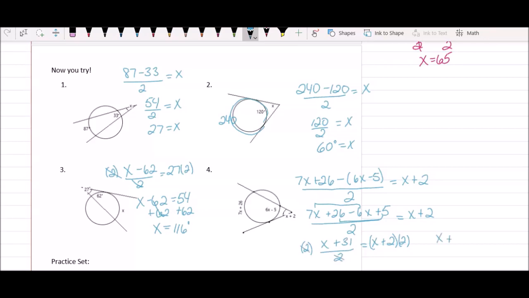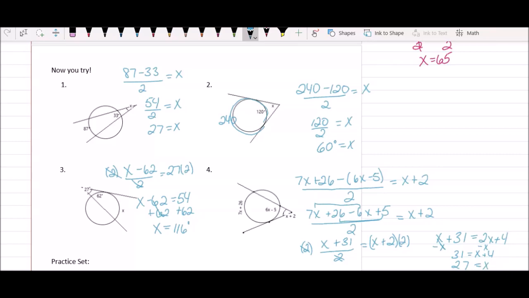So x plus 31 equals 2x plus 4. And then if we subtract x, we have 31 equals x plus 4. And subtract 4 from each side, and x equals 27.